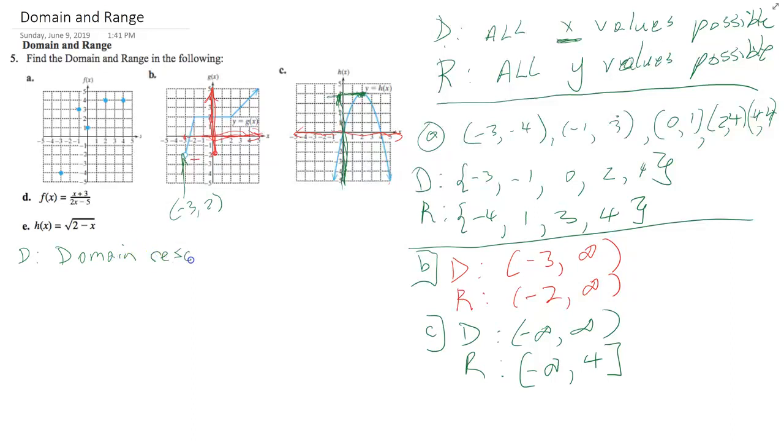In this case, for a domain restriction, if this number is 0, everything on the bottom is 0, so it explodes. So your domain is all real numbers except where the denominator is 0.